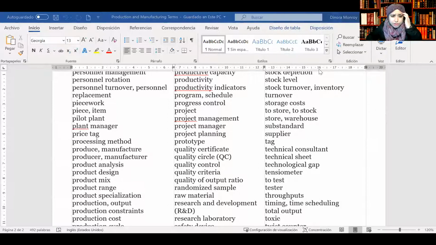Yes, a short definition. As long as it is the definition that applies to this meaning, you have to look for the definition in terms of manufacturing. Remember that in English, we have very few words. It's not the same as in Spanish. In Spanish, we have a bigger amount of words. It's a bigger vocabulary.